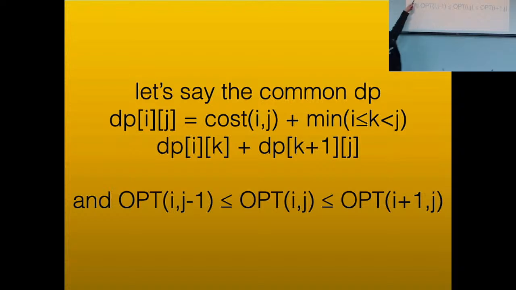So whenever we want to compute dp[i][j], we already have dp[i][j-1] and dp[i+1][j]. And if we also maintain where the optimal cutting point is for each dp, we just look between these two values, right? And this constraint might seem too restricting, like what kind of problem has this property, but I'll show you later what condition on the cost makes this true.